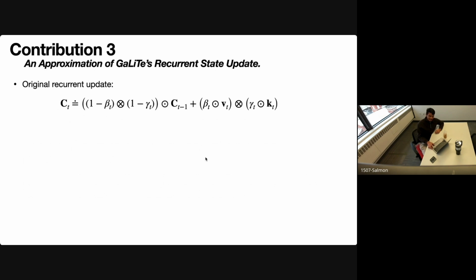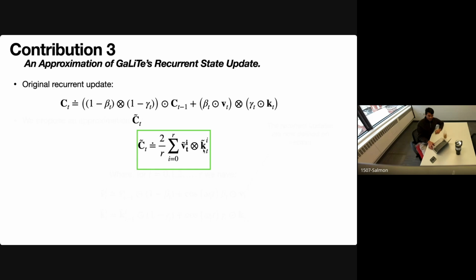So we had some previous recurrent state and we're adding some values to the previous recurrent state. We're going to instead propose an approximation. Let's say there is an approximation C tilde_t, which is a rank R approximation of capital C_t. And this rank R approximation is denoted using a sum of outer products of some value and query vectors.